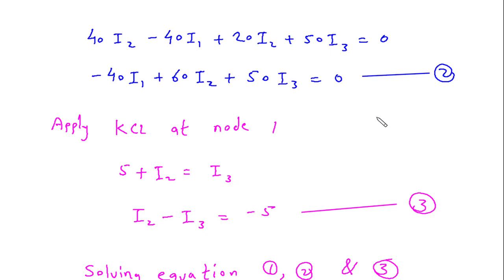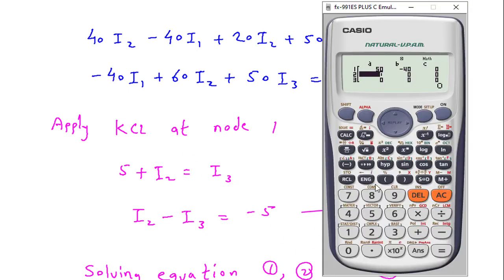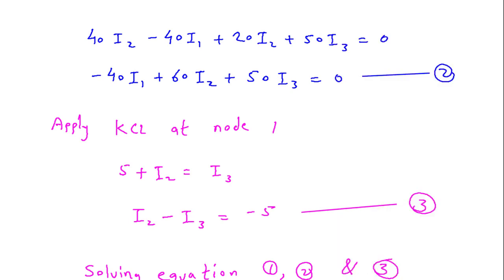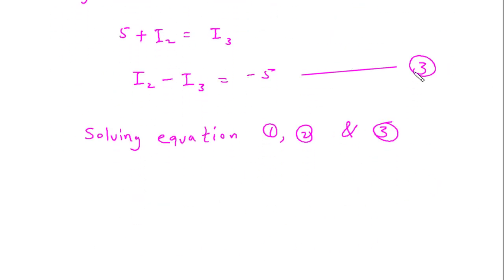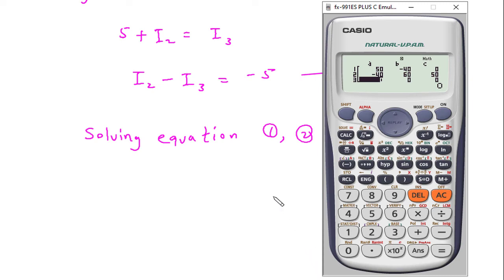From equation 2, minus 40, 60, 50, 0. From equation 3, 0, 1, minus 1, minus 5.